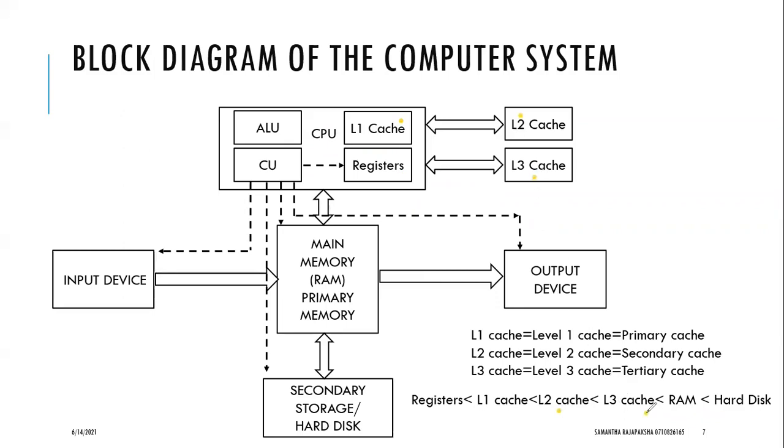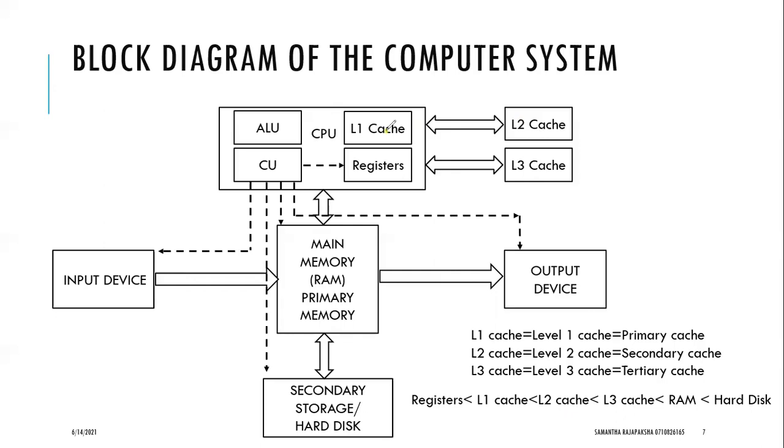Then the RAM and then the hard disk. Speed decreases in this order, but the size increases. So when you go from here to there, speed is decreasing, but size is increasing. That is the way it works.